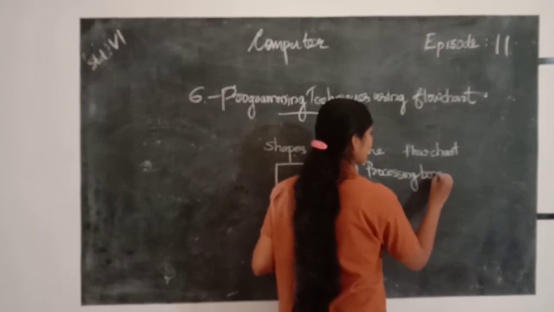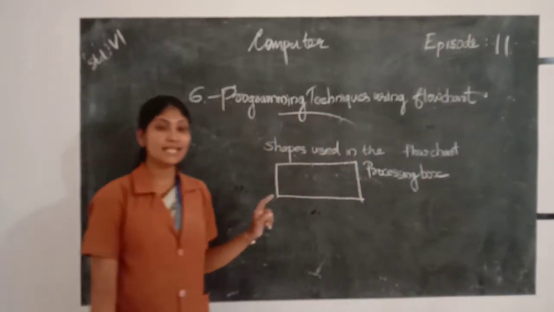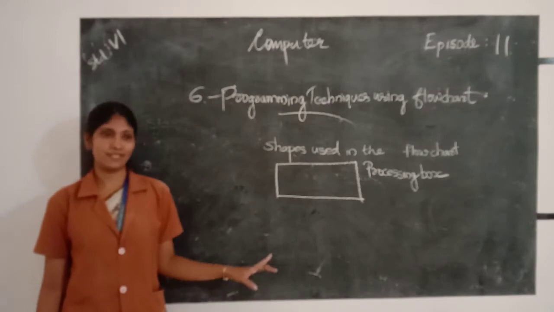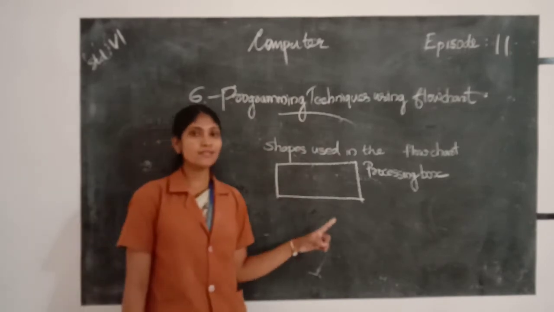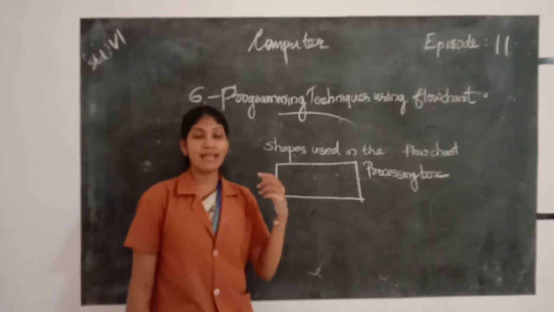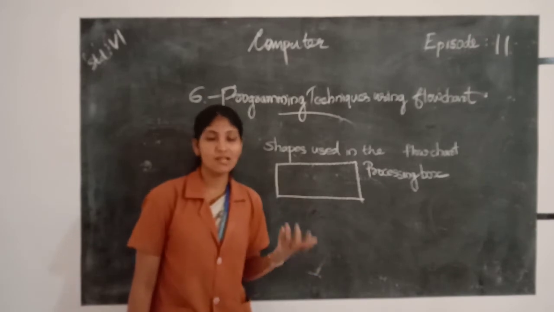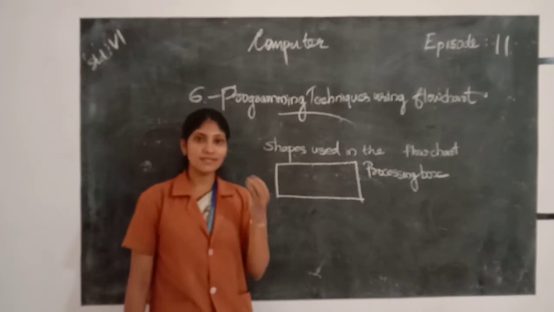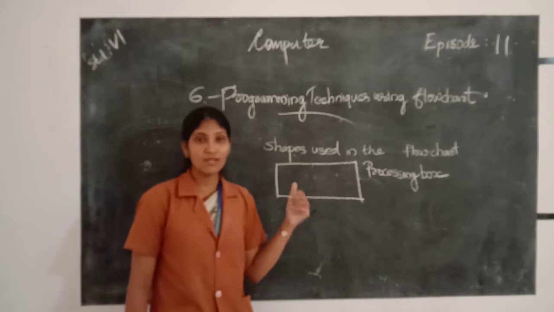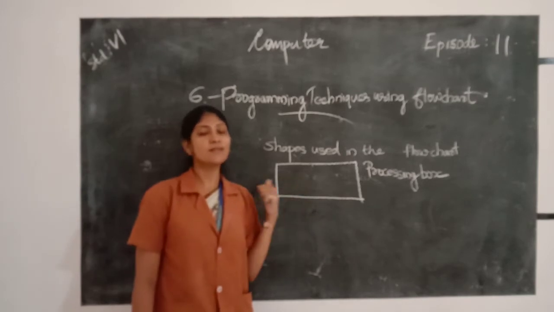Here we can write the processing steps. So the processing steps like addition, subtraction, multiplication, or all the processes which are done in the problem should be written in the processing box.